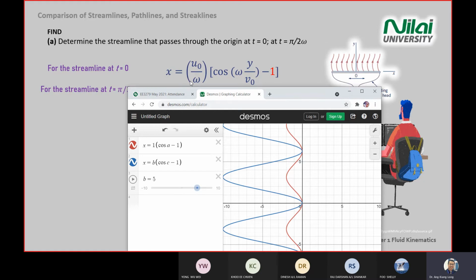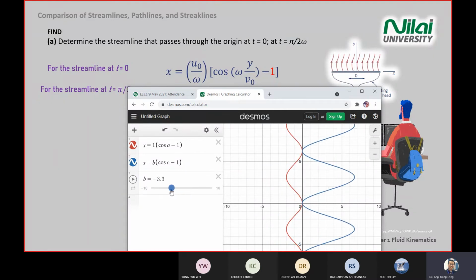Then you'll see that as you increase the magnitude, the movement of the streamline will be different. Now this one is very near to the vibration module. So basically this calculator will help you to understand what's happening. So what happens if the magnitude is negative? You go to the other axis.